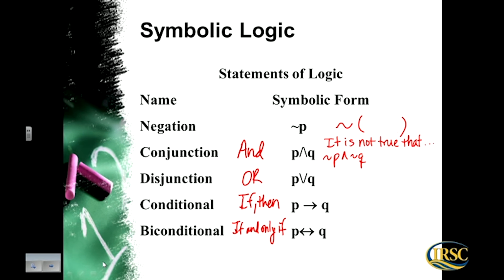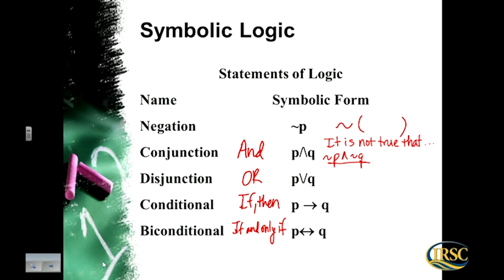But most likely, if you saw something like this, let's say Harvard is a college, Disney World is not. So you would say Harvard is not a college and Disney World is not a college. You would most likely just put the word not in there. But when you see parentheses, then it is not true that.